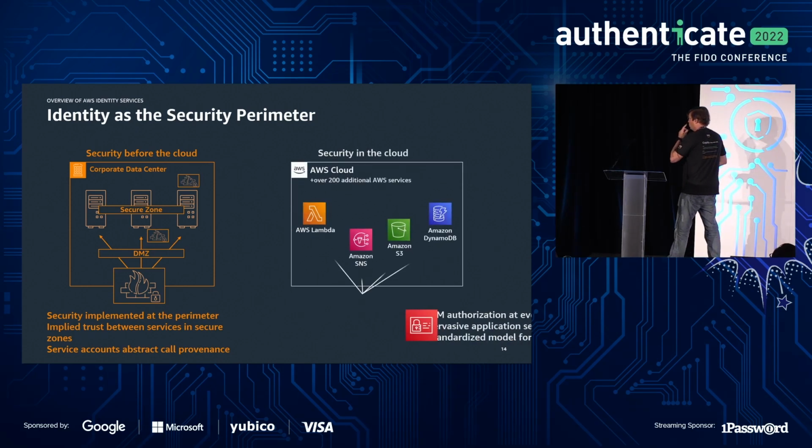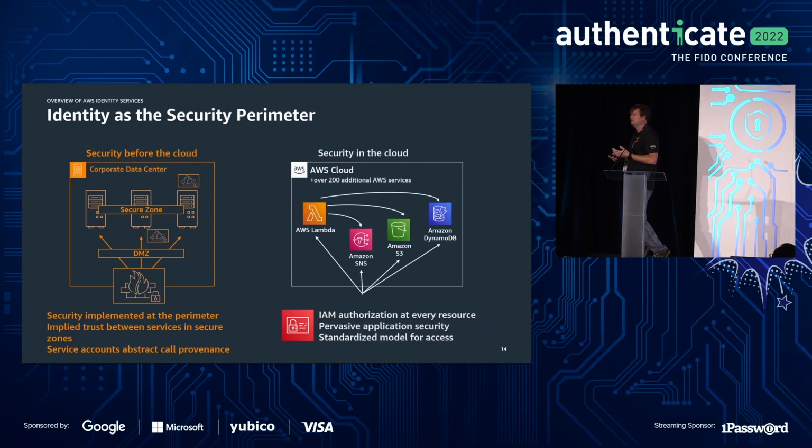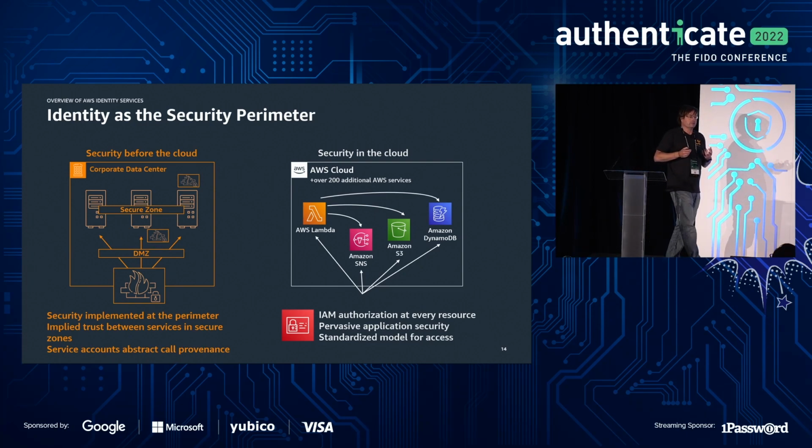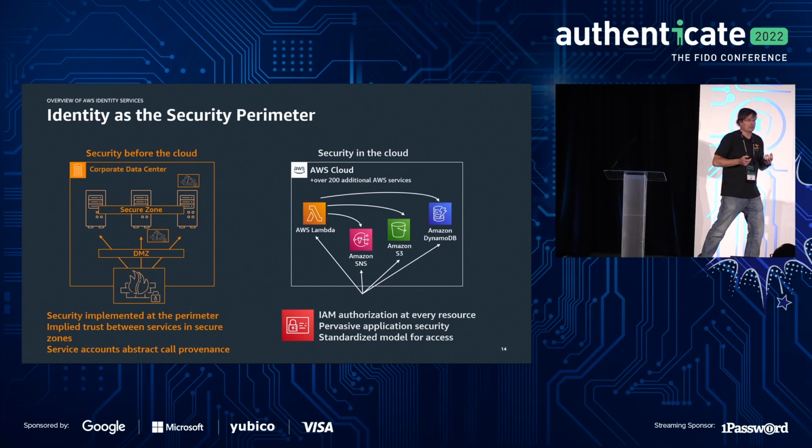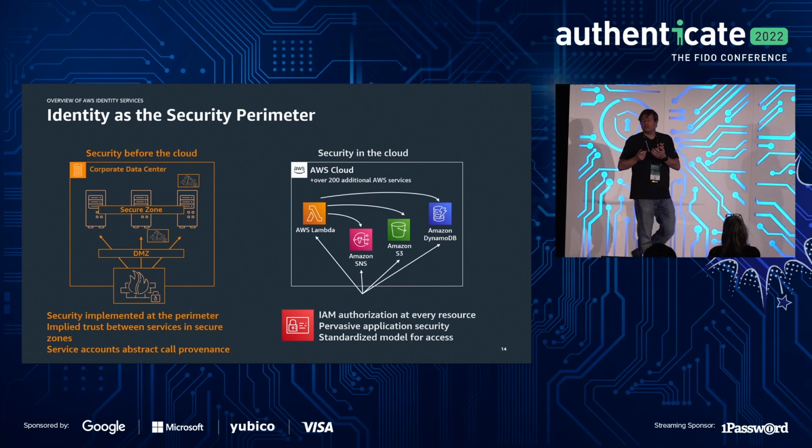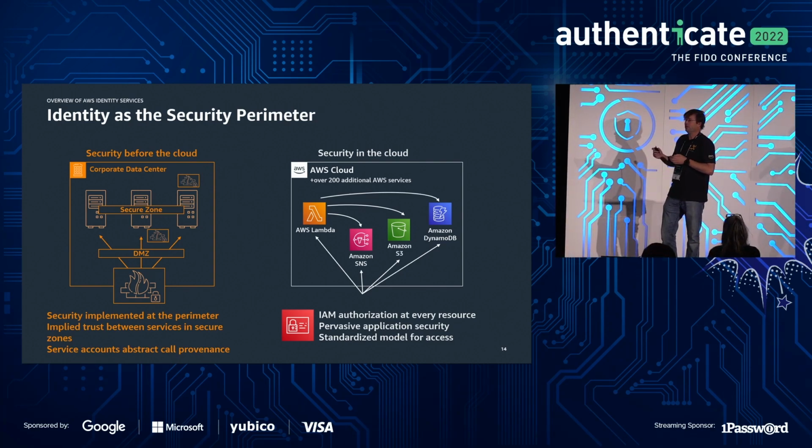So when we went to the cloud, we had to do things a little bit differently. Within the cloud, there are no perimeters. We have all these shared services. And really the first problem we were trying to fix within the cloud wasn't security. It was the resource model.